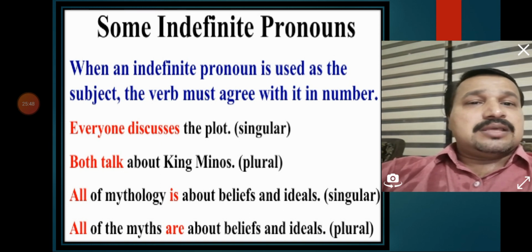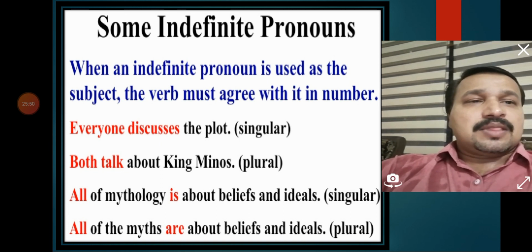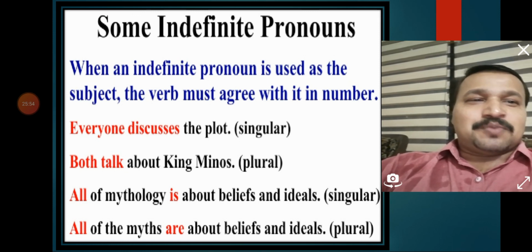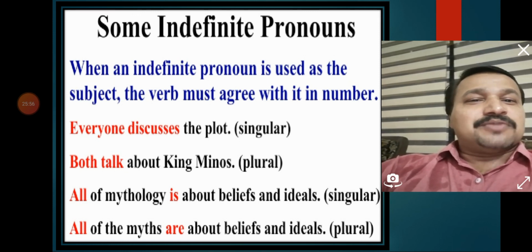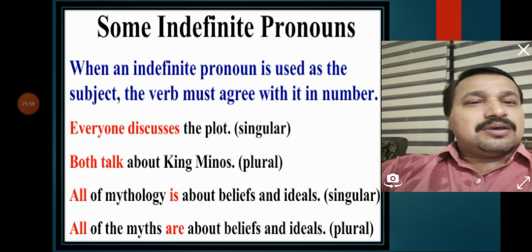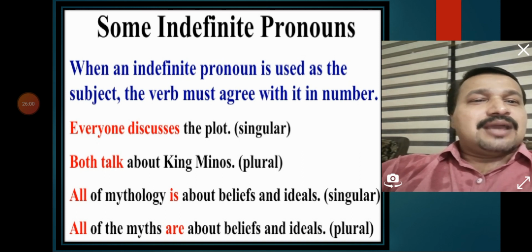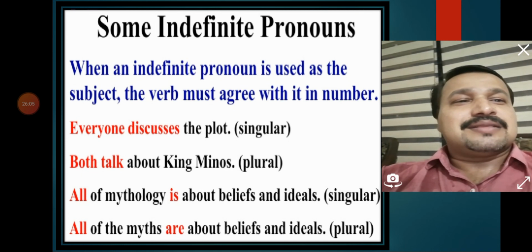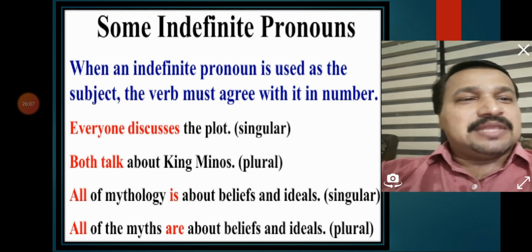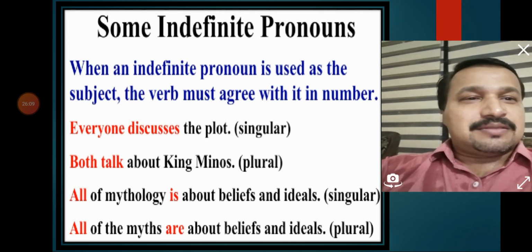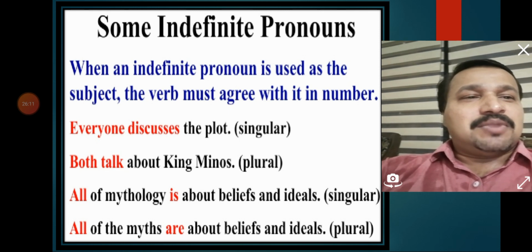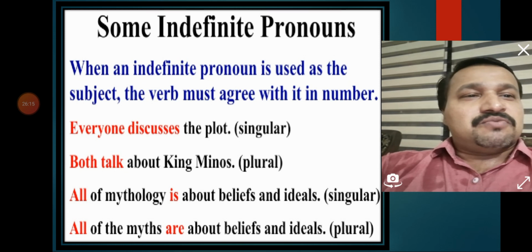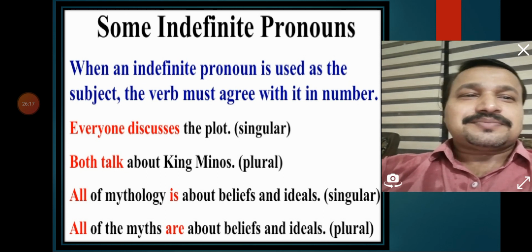If "all" is said about people, more than one, then it is plural. Then: all of the myths are about beliefs and ideals. There it is not one myth, it is said about different myths or even various myths. So when the number is more, by that time the same indefinite pronoun functions as plural.